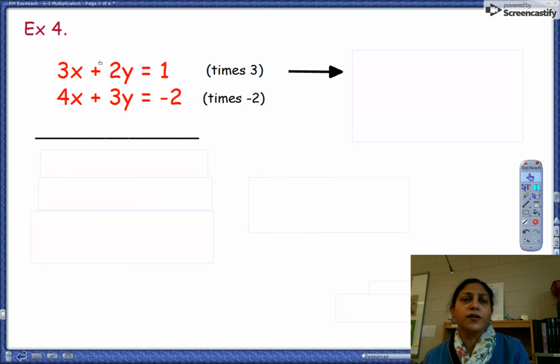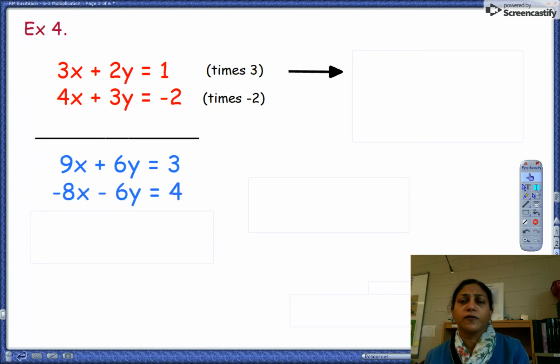The goal is to get the same coefficient for the y's, because if I multiply the top equation by 3, I'll get 6y. And if I multiply the second equation by negative 2, I'll get negative 6y. So here's my multiplied equation. Second equation is multiplied by negative 2.